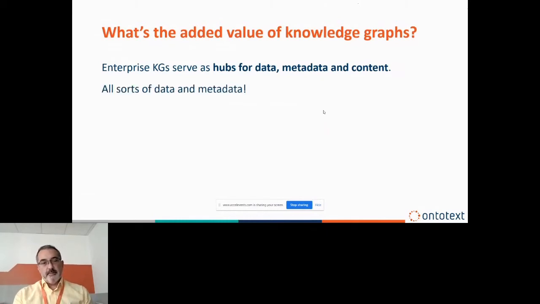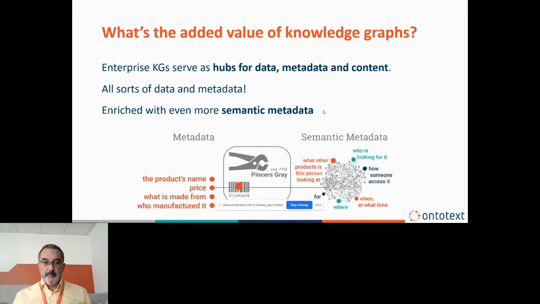All sorts of data and metadata, and part of the magic is that to put this stuff together in a knowledge graph, all the data and metadata collected from different sources is enriched with even more semantic metadata that glues these different concepts and these different types of data together.